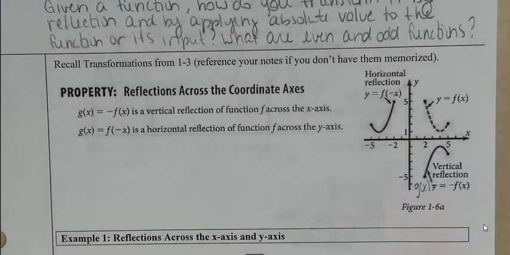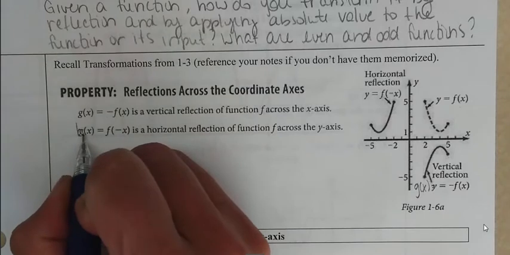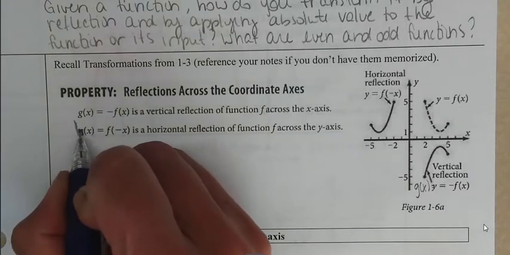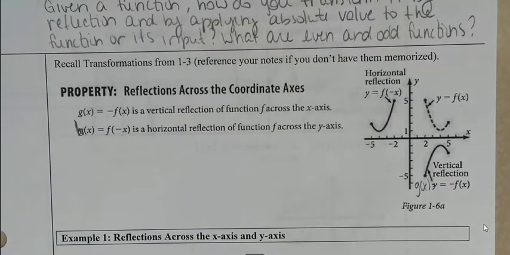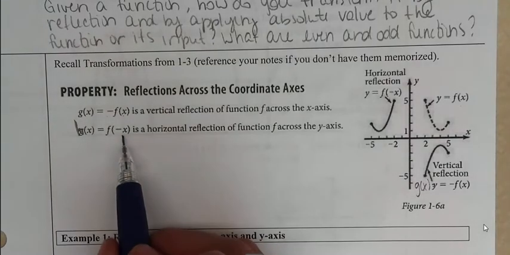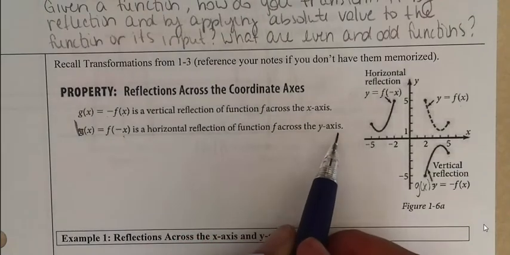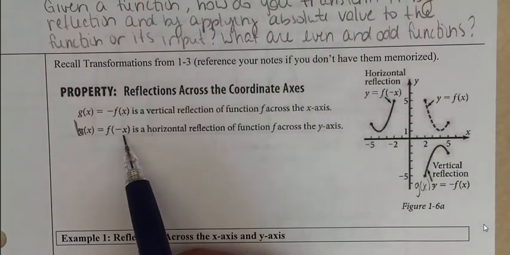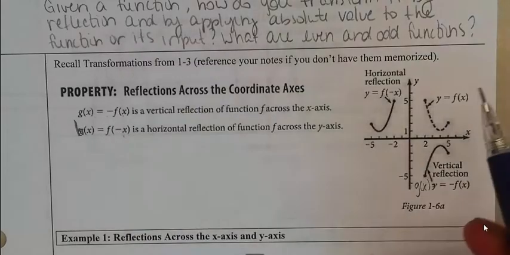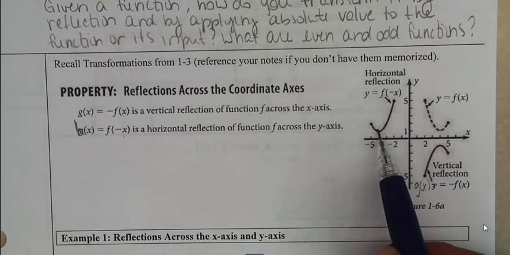And maybe just to differentiate, we'll call this one h of x. So if I do the opposite of my original input, it's a horizontal reflection of function f across the y-axis. So think about it. Originally, my x's, let's say, were all positive, and then I decided to do the opposite, so I made them all negative. That's basically a reflection in the y-axis.